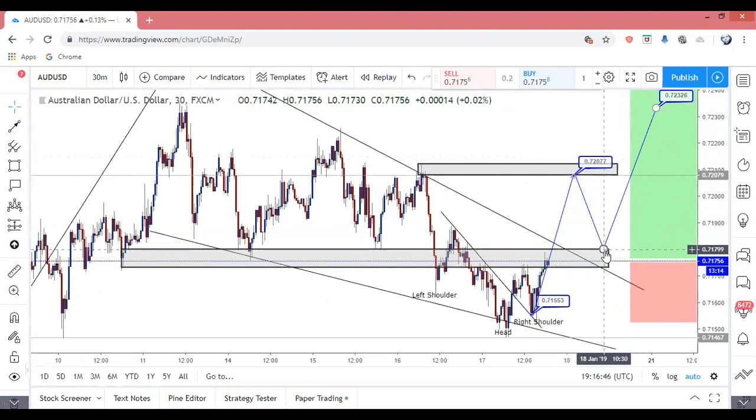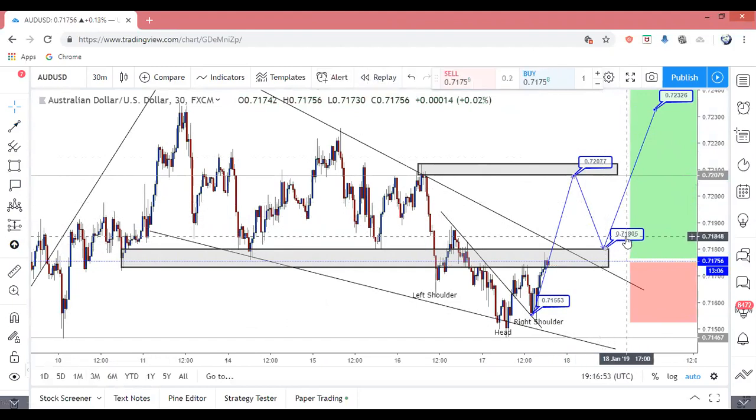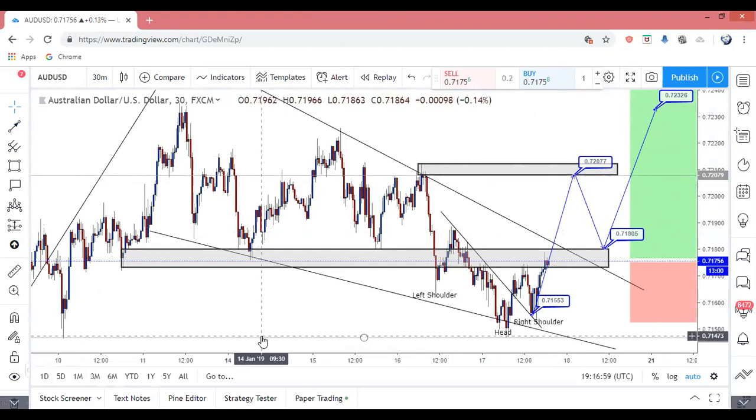And then when it gets here, I want to add an entry. What do I do when it gets here? I put on a buy limit. When it gets here, I buy. It goes up again. I still put the same stop loss, and then I say, this market is going to go up.